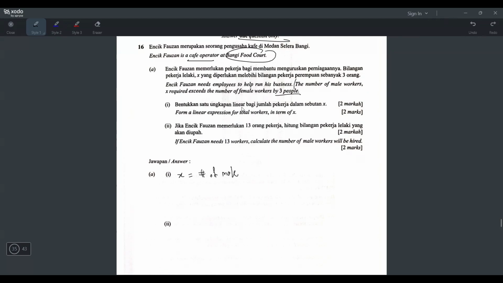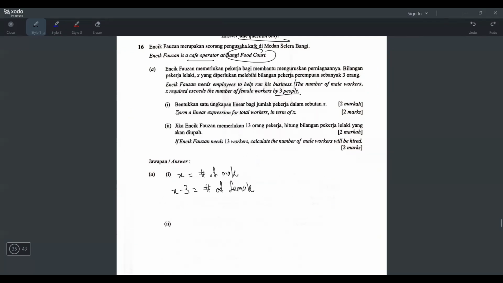It means the female workers will be X minus 3, right? Why? Because they say number of male is X, and exceed means male is more than female by 3. It means the female worker will be X minus 3. Understand? Because male must be more than female. So if male is X, then female must be less by 3, so that the male exceeds by 3.